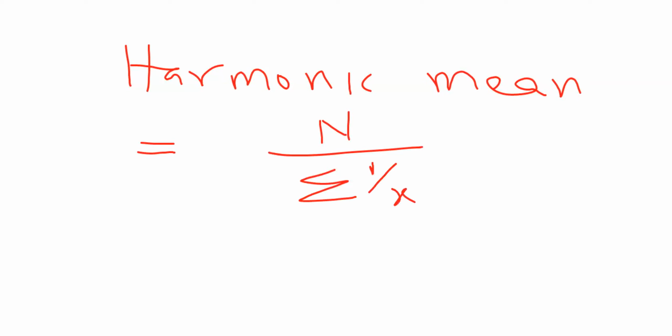That's our formula. And n is the number of values we are talking about, where it's 3 here. So that place will be 3.